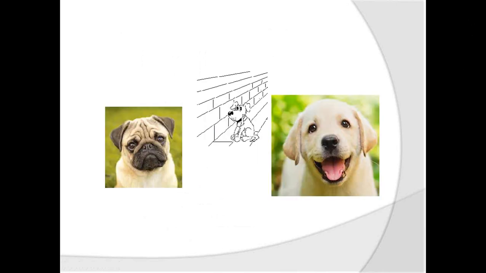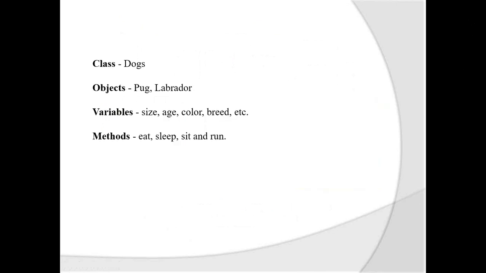And if you see the dog reference, the dogs on the left and right are the actual objects. Dog is a generic name here, which is nothing but a class, and the objects are all the different varieties of dogs, with variable sizes and methods like eat.